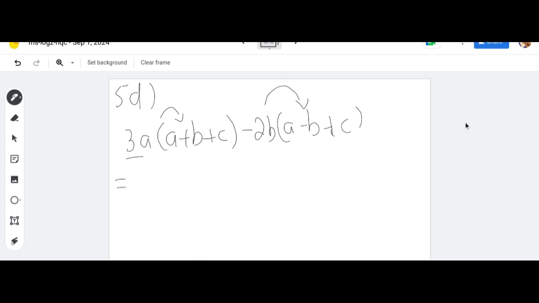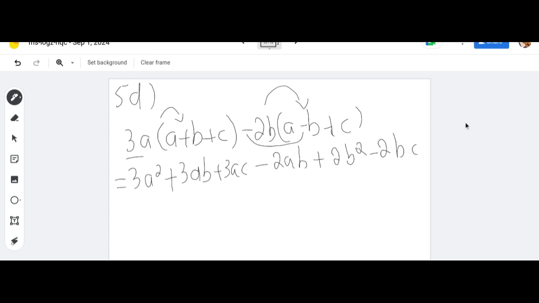It will look like 3a square plus 3ab plus 3ac. Any confusion, Sukena? No, ma'am. Now minus 2ab minus minus plus 2b square, and this is a plus minus 2bc. Any confusion here? No, ma'am.